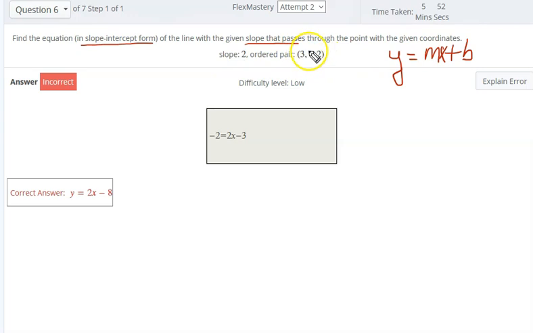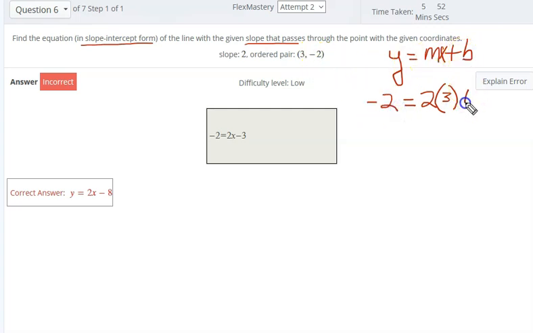So here is all the information we need to fill in this formula. We just have to find what our b value would become. So, starting to fill it in, our slope is 2. Now what's our x value here? Our x value is 3. What's our y value? Our y value is negative 2.